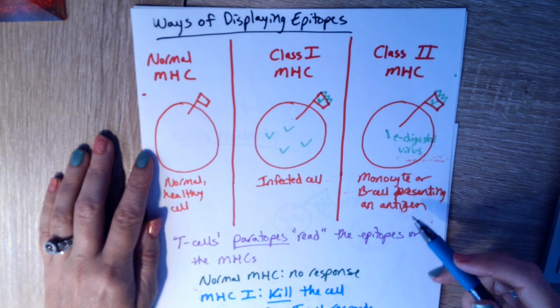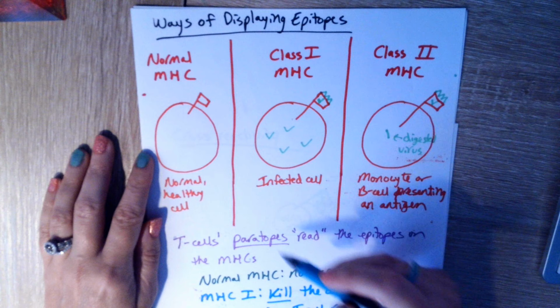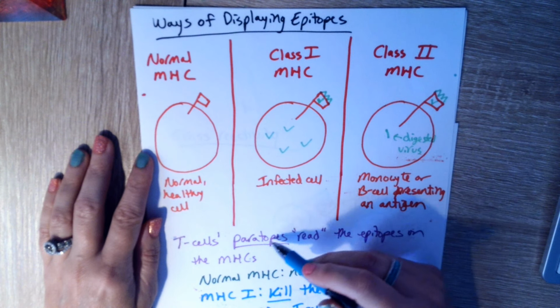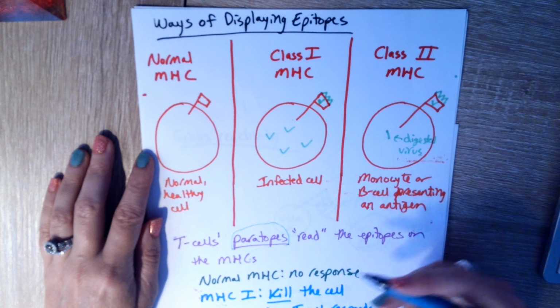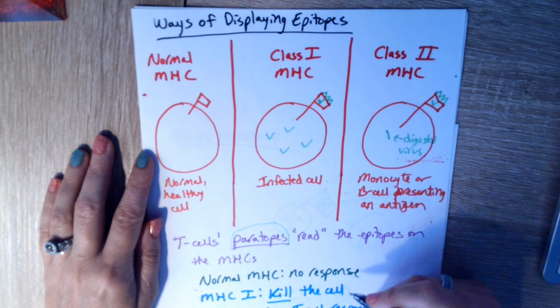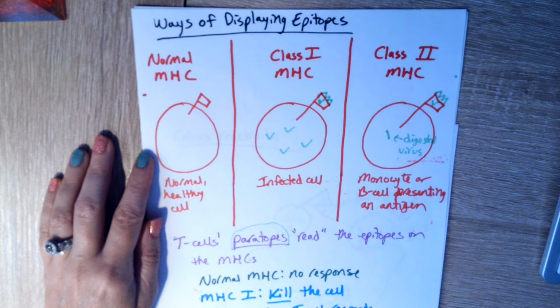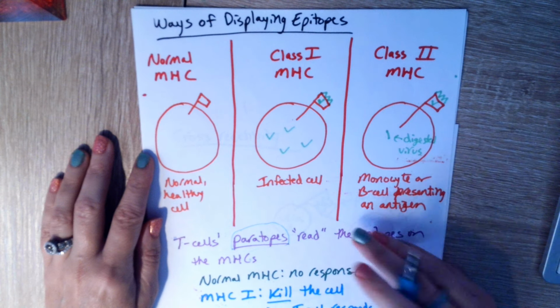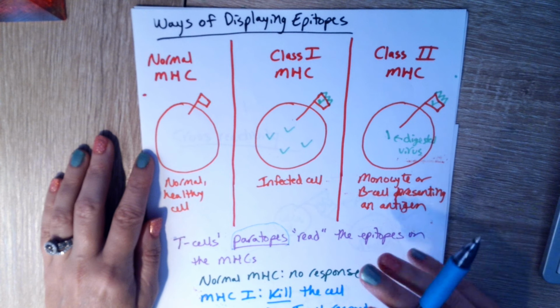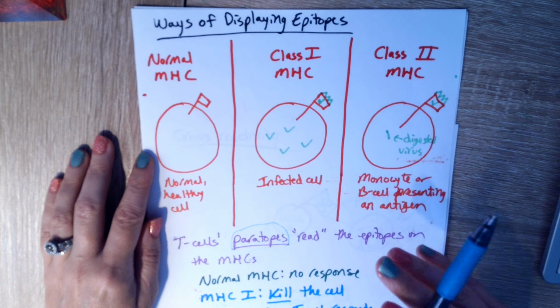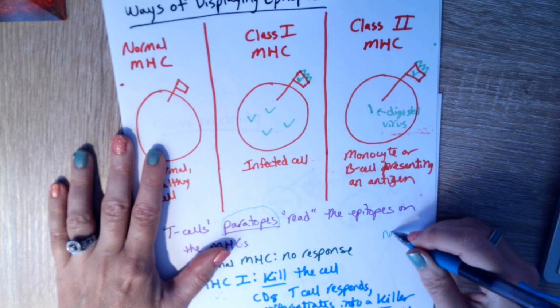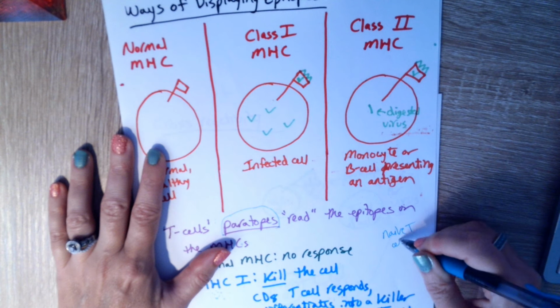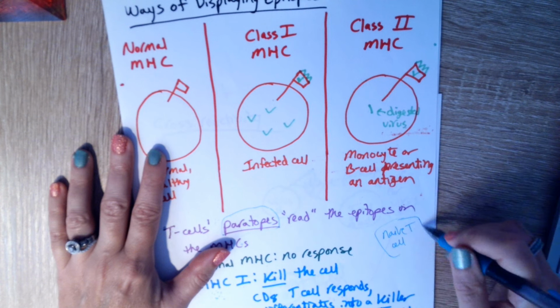So T cells are not the only things that have paratopes. Antibodies and B cells also have these paratopes that are able to read the epitope. And remember, they'll be specific for their particular epitope because they've been programmed through various means, whether it's through cross-reactivity and mutation, or through something called a naive T cell, which is a T cell that hasn't been programmed yet.